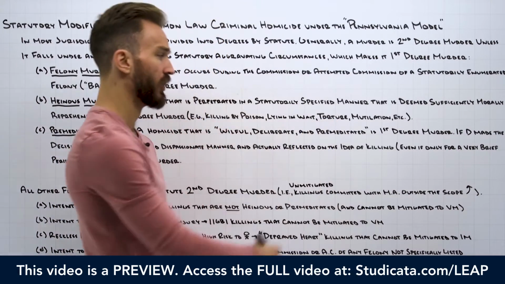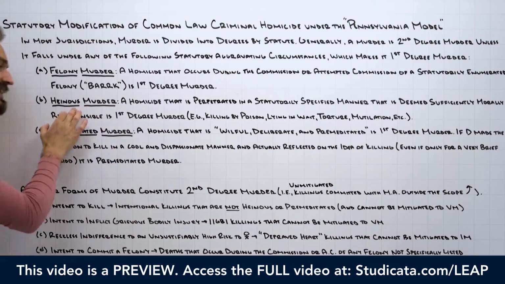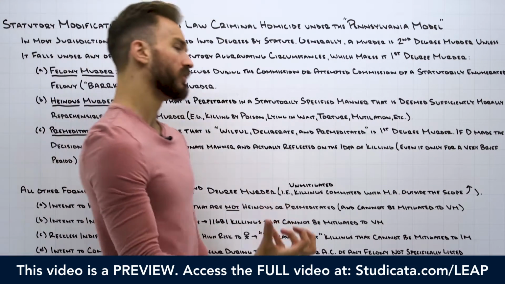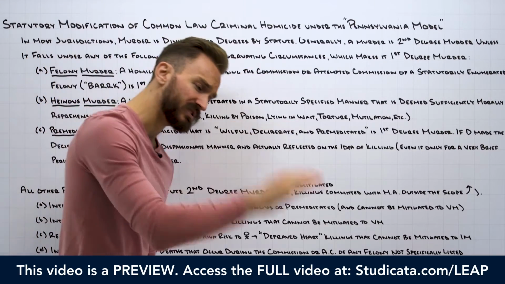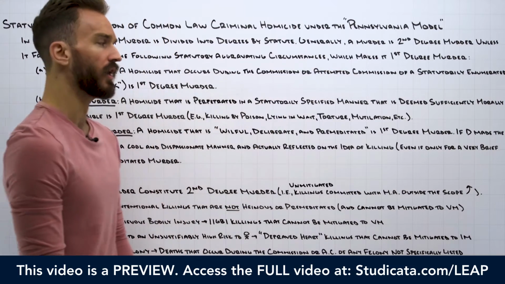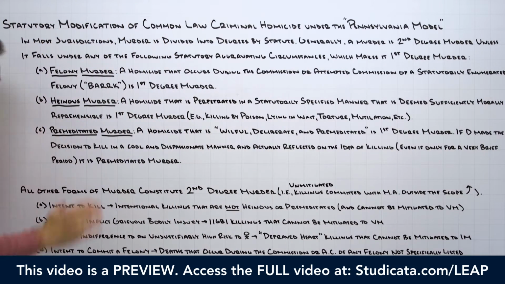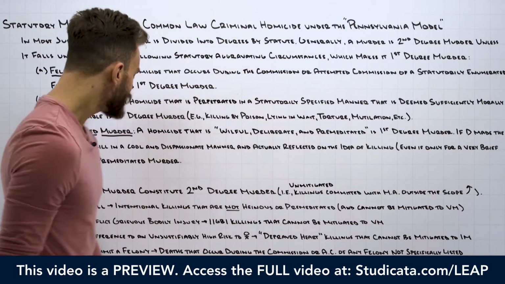Things like torture and mutilation, right? These would be considered especially heinous, especially morally reprehensible, that justifies aggravating it from second degree, which is the default, to first degree murder, right? And could subject the defendant to the death penalty or life in prison.